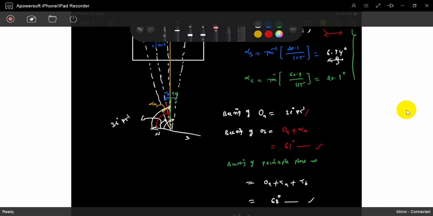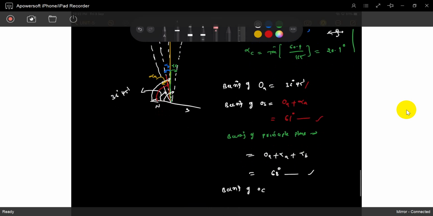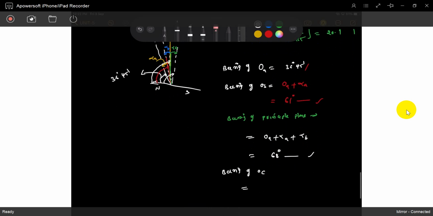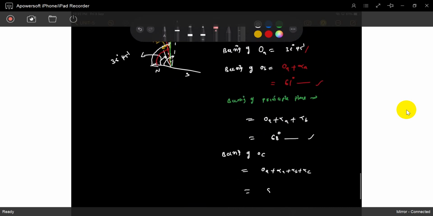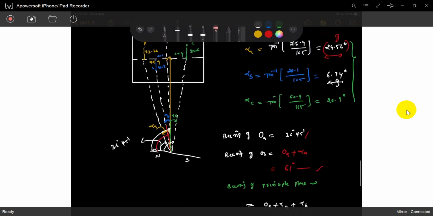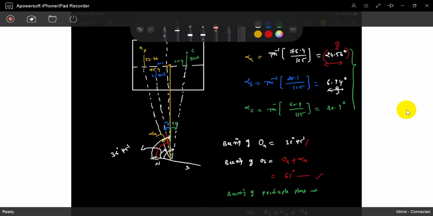It is OA plus alpha A plus alpha B plus alpha C. So 88 something you get. Got the idea? That is the idea of the bearings. Okay.